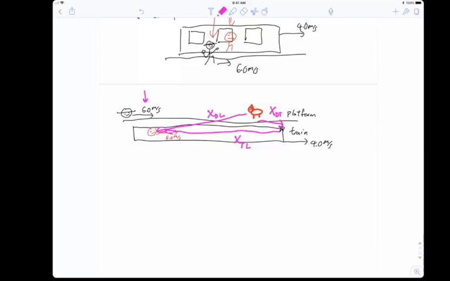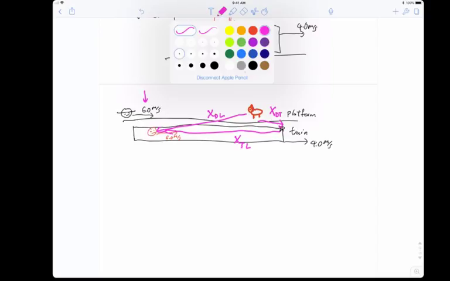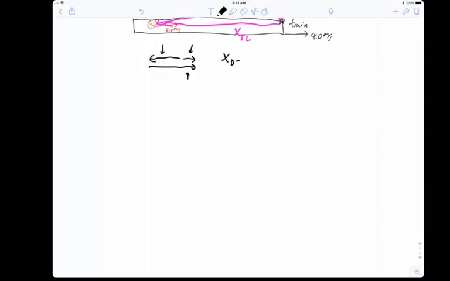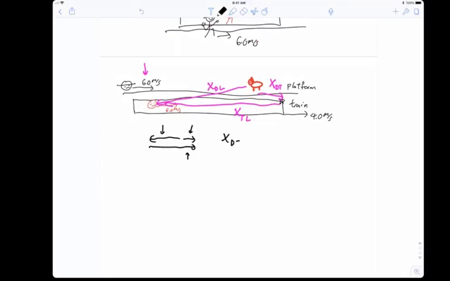These are all vectors, and there is an addition relationship between them. Essentially, here's what I've drawn: this vector, and this vector. And what's the relationship? It's this one plus this one is equal to that one. In other words, x_dt plus x_tl is equal to x_dl.